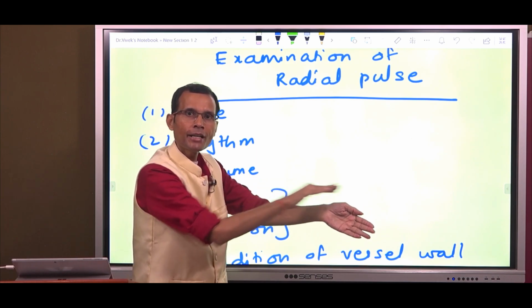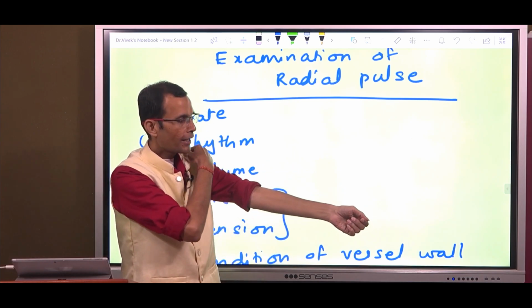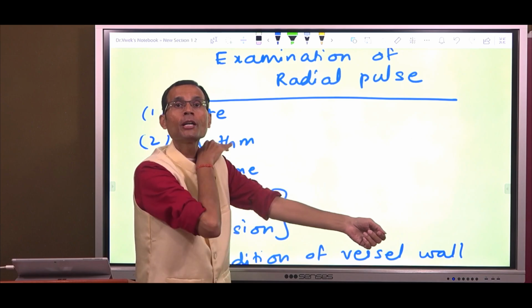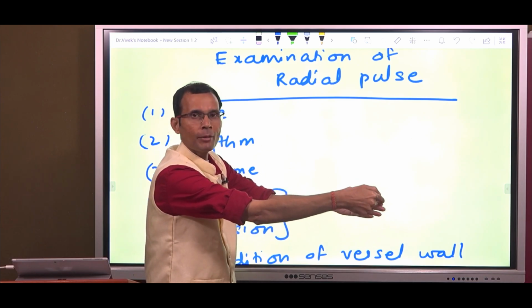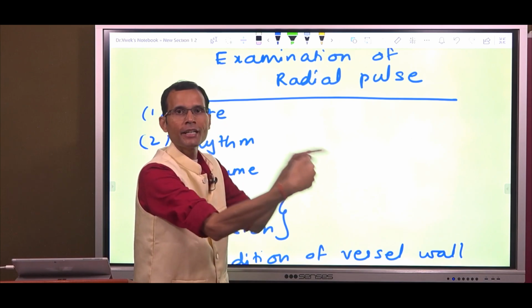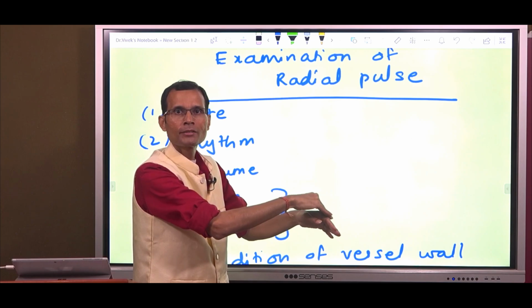In the radial artery pulsation, it might get mixed. Can you imagine this? Radial artery pulse, the ongoing pulse, and a reflected pulse wave coming back and meeting the radial ongoing pulse.